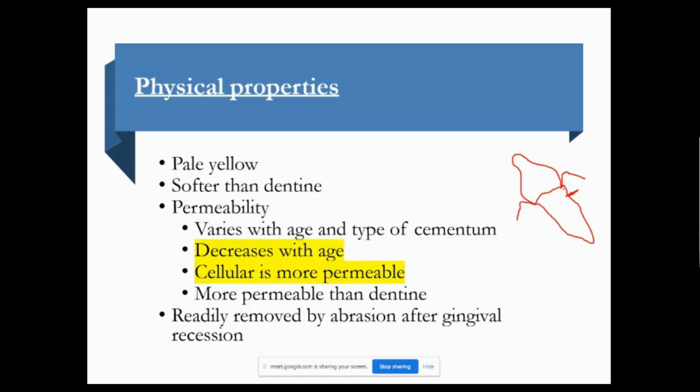Because of that, there is removal or destruction of the cementum. It is not so strong that it can withstand. So plaque, calculus, or even masticatory load, many things can just remove the cementum from the surface of the dentin. So what happens then? The dentinal tubules are exposed, so there is sensitivity in the tooth.